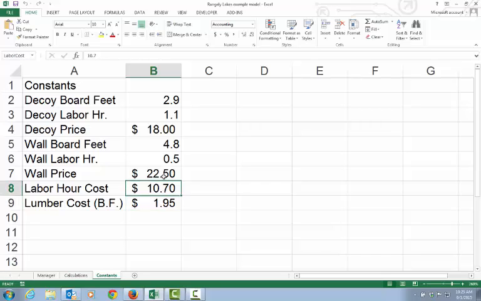Now again, I will point out that all of these input parameters do indeed have named ranges, because that's what we're going to use in our calculations.